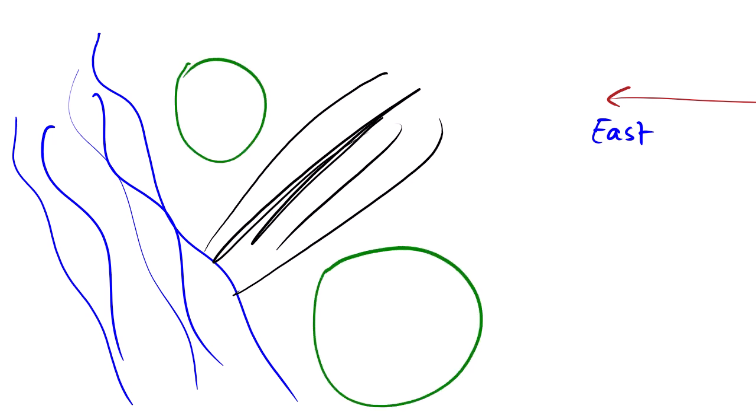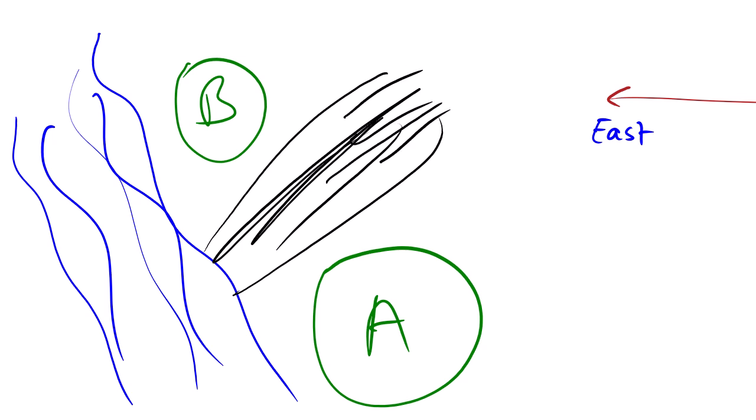Here too is another village. Let's say village A and village B, and there is a mountain between these two villages, and there is a water body here. If you are talking of distance, maybe the only way to go to village B from A is this way.